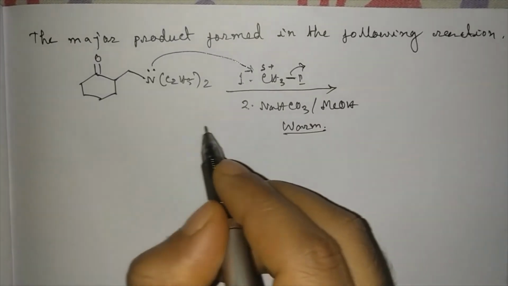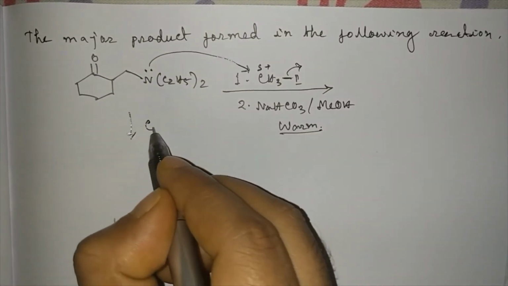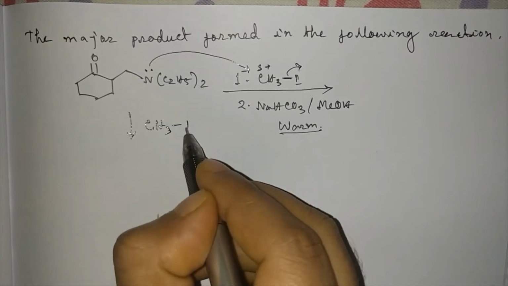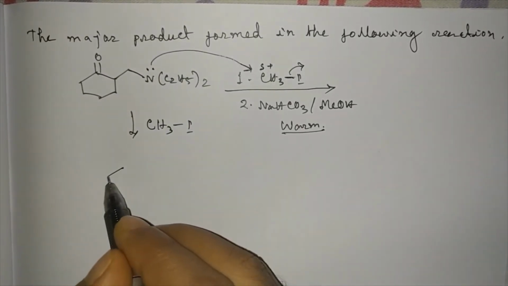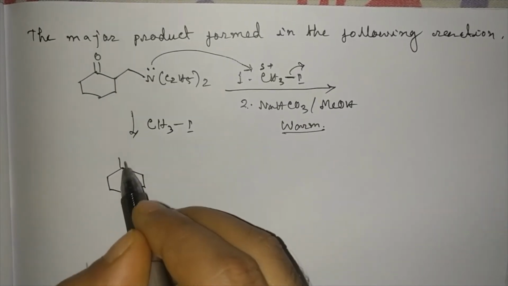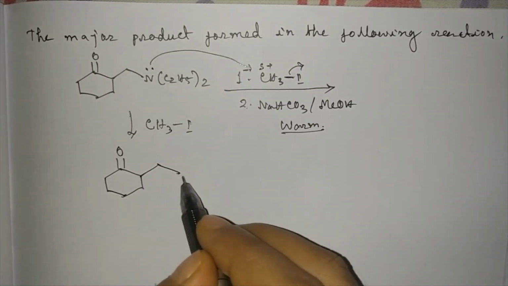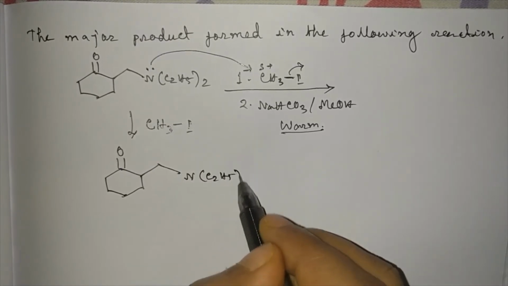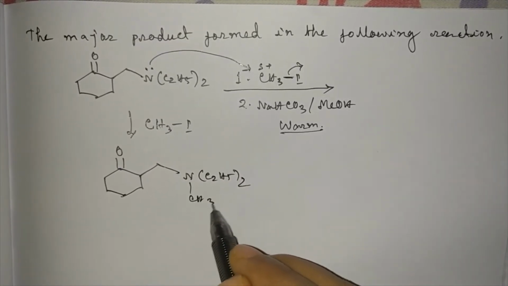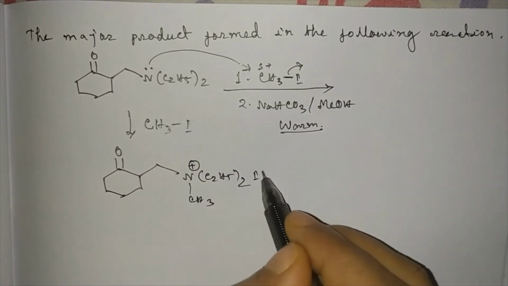So first, when it is treated with CH3I, the product will be a quaternary ammonium salt, N(C2H5)2 CH3 plus I minus.